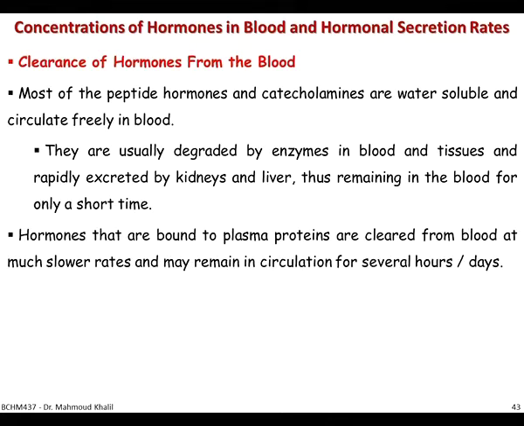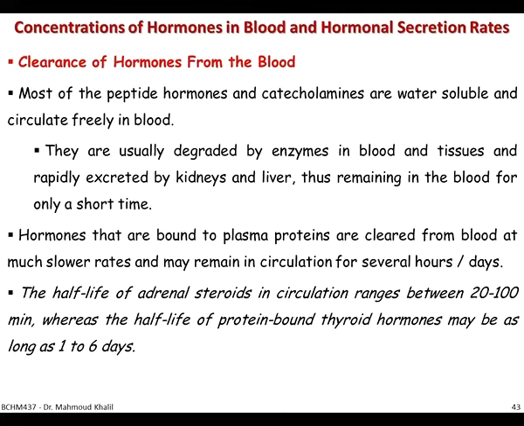Some other hormones need to circulate in the blood bound to plasma proteins. These kinds of hormones are cleared from blood at a much slower rate and can remain in the circulation for several hours or days, which is different from the peptide hormones and catecholamines.